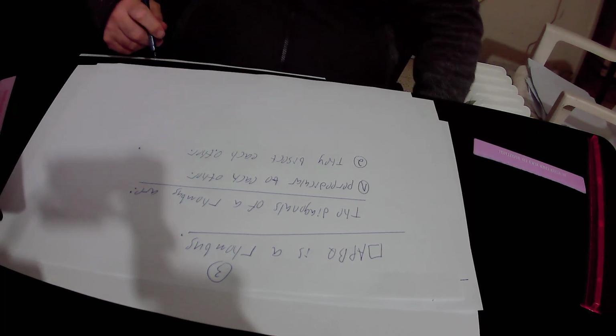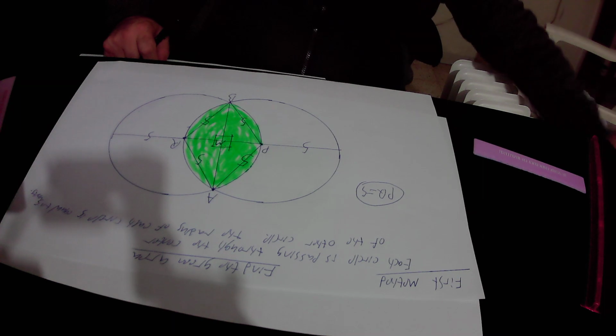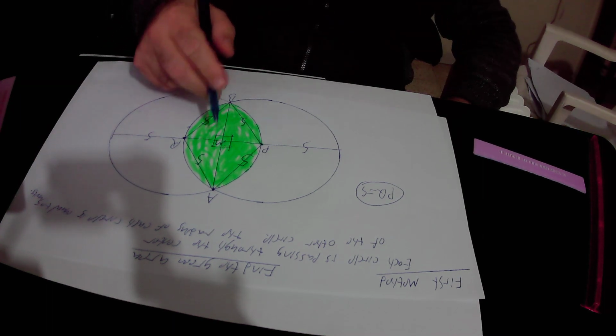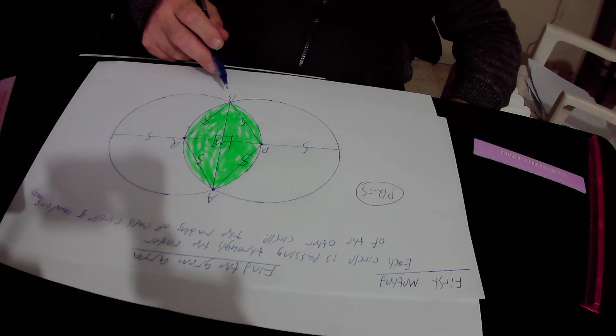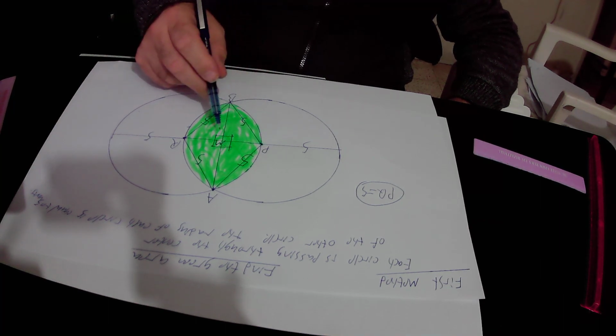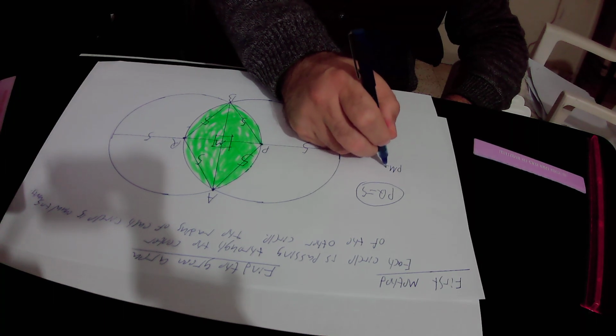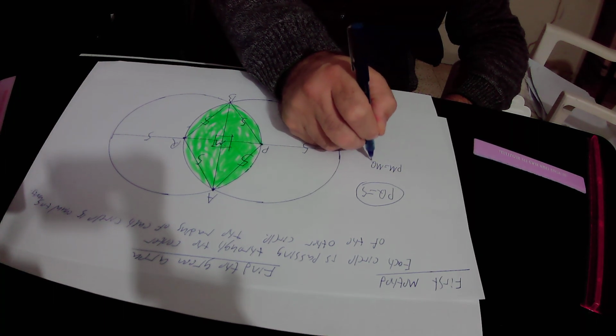Again, the diagonals of a rhombus bisect each other. That is to say, the diagonal AB bisects PQ. That is to say, PM equals MQ.